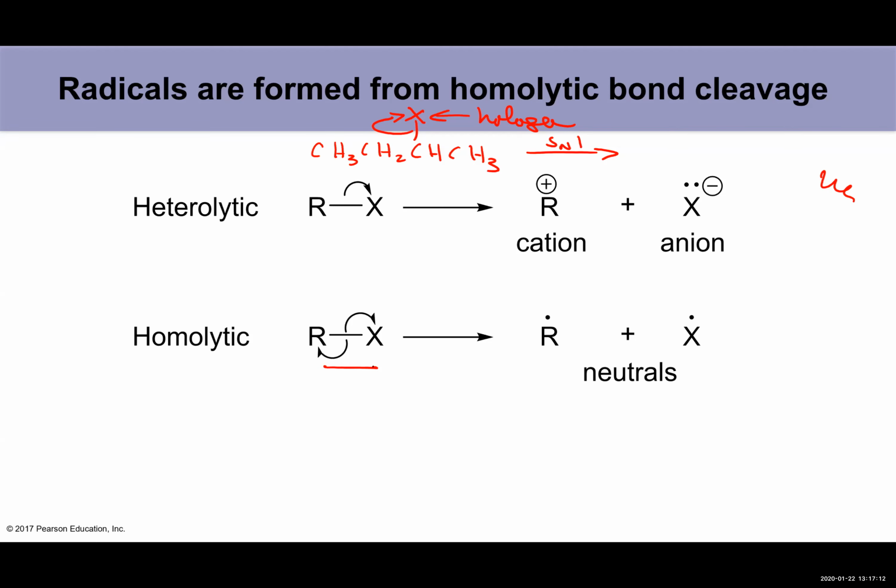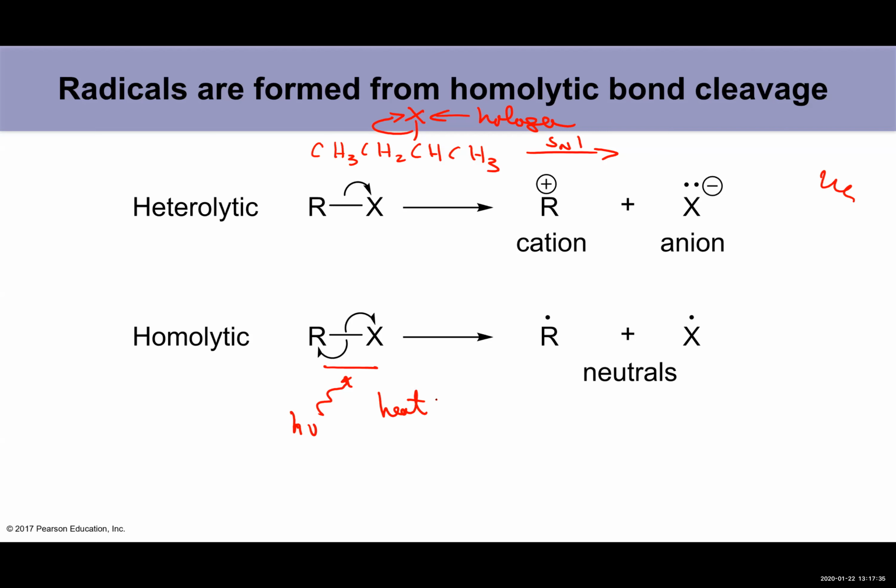We're going to use either heat or light. So h nu is light or heat. And that causes the bond to break. If the electronegativities are similar to each other, then one electron goes one way and one goes the other. And it remains neutral, okay?